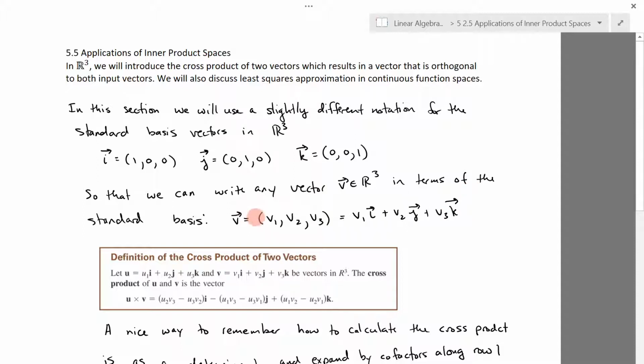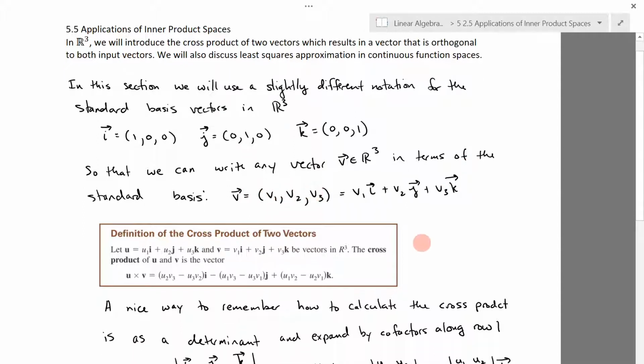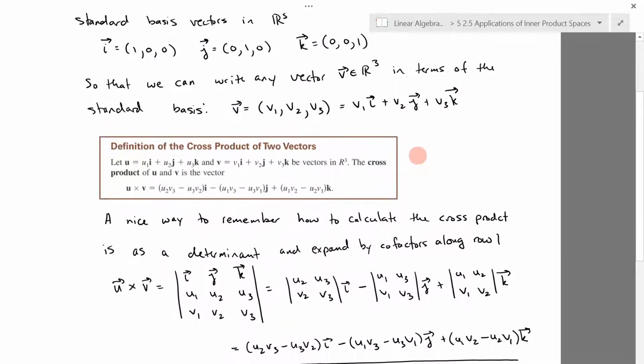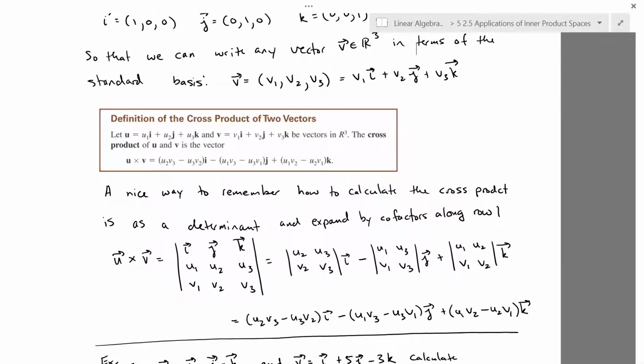With that in mind, the formula for the cross product is written here. So u cross v, again in terms of the standard basis vectors i, j, and k, you calculate the individual components like so.